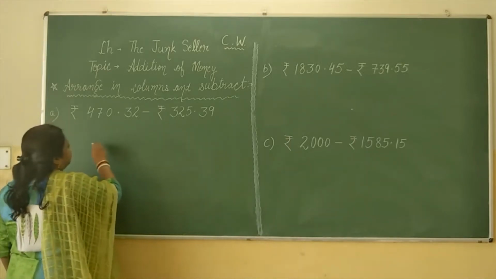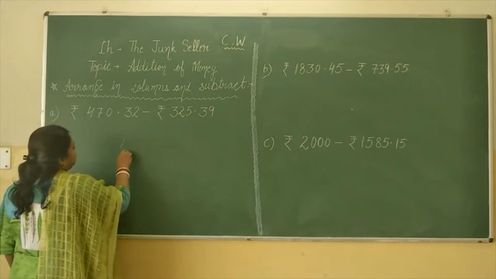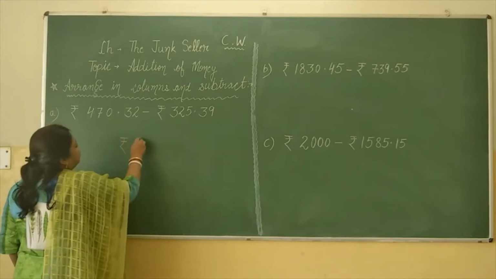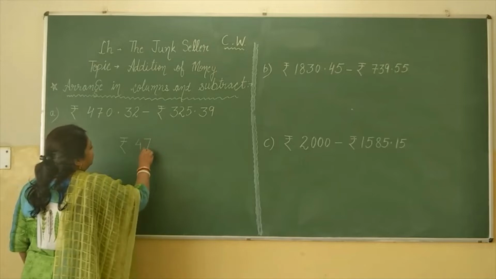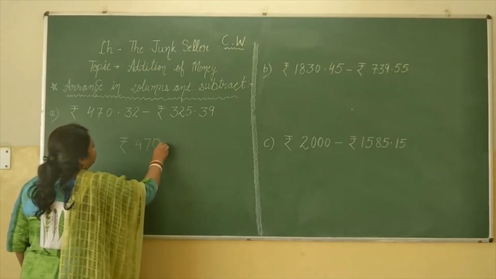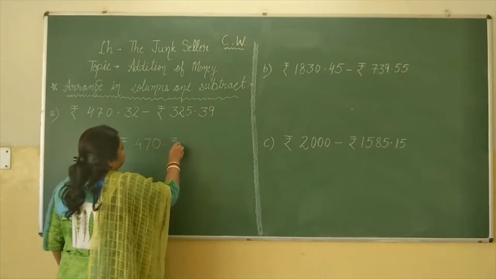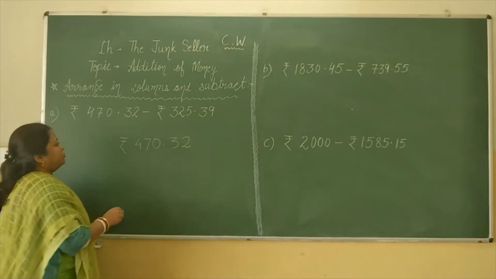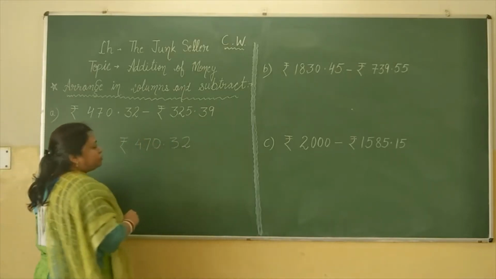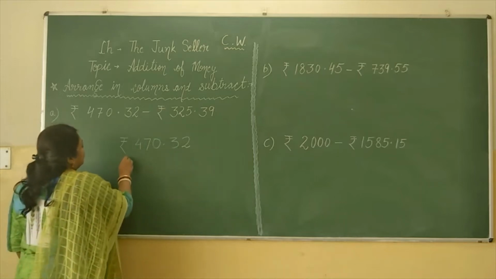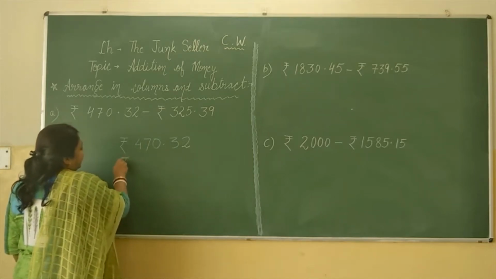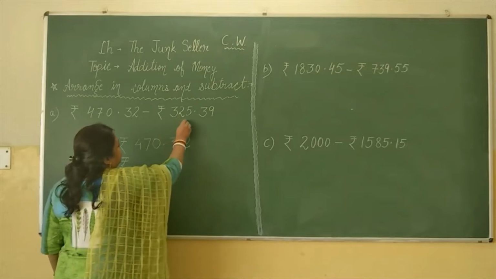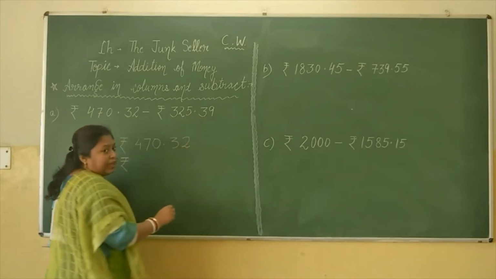So I will write the first amount here. The first amount we have is 470 rupees and 32 paise. So it will be written 470.32, and the amount to be subtracted here, we have 325.39.